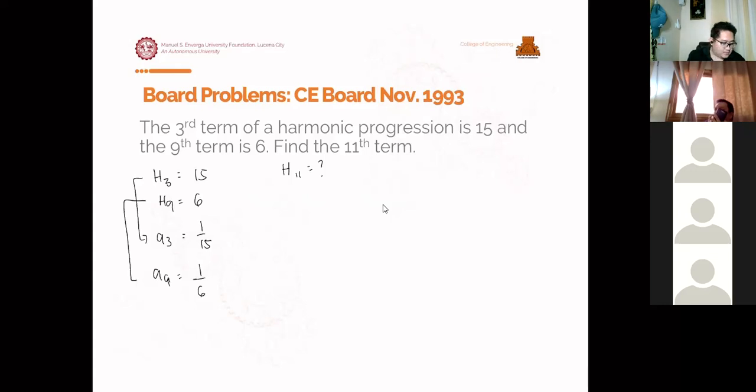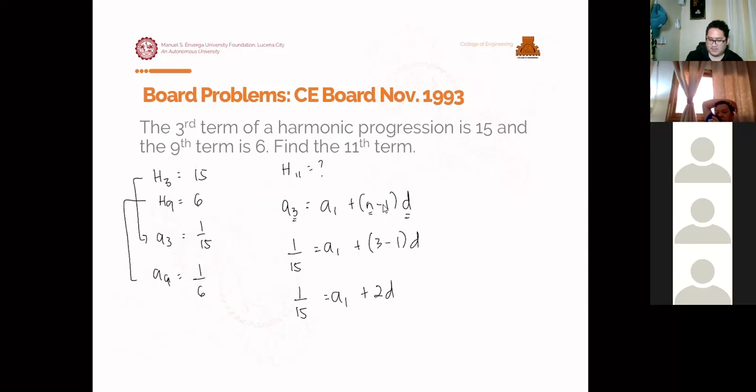So, para makuha yung solution ng third term, so A3 is A1 plus n minus 1 D. So, hindi natin alam ang value ng D. Yung n natin dito, since A3 yung pinag-uusapan natin, yung value ng A3 is 1 over 15, A1 plus 3 minus 1 D, or 1 over 15 is equals to A1 plus 2D.